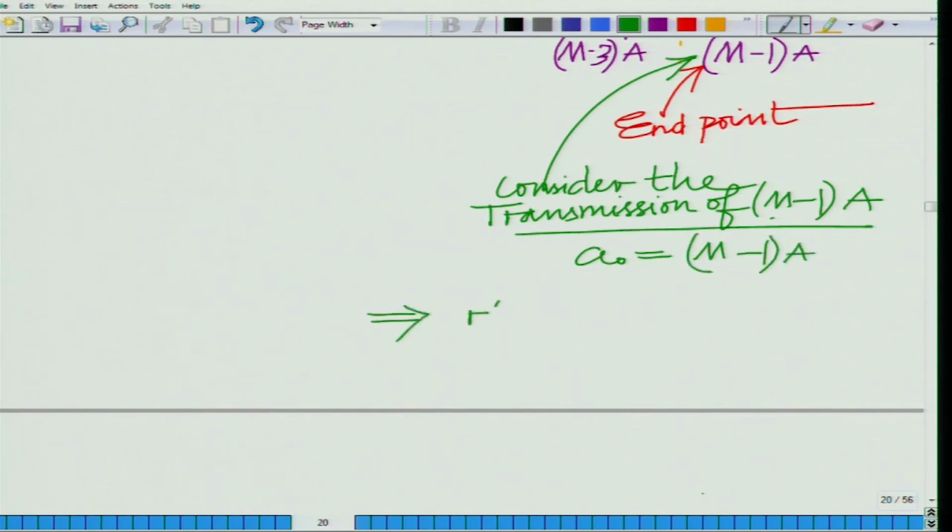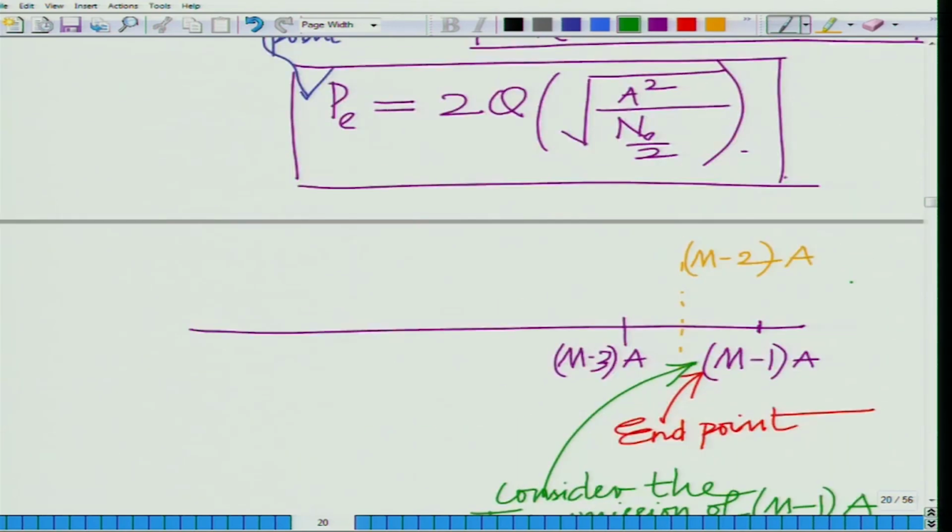which implies R t equals a naught plus n tilde, that is equal to m minus 1 a plus n tilde. Remember, we decide m minus 1 a if R t is greater than m minus 2 a.